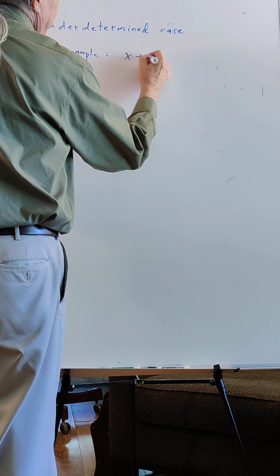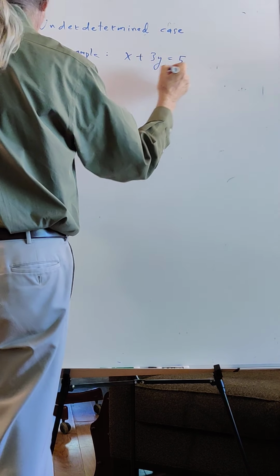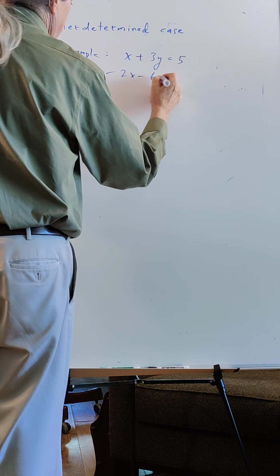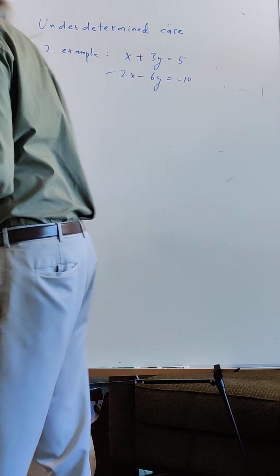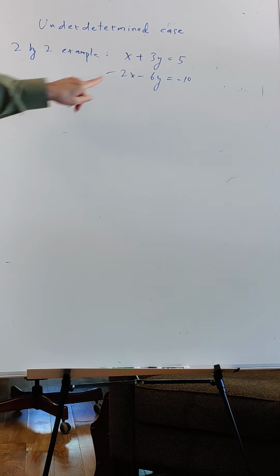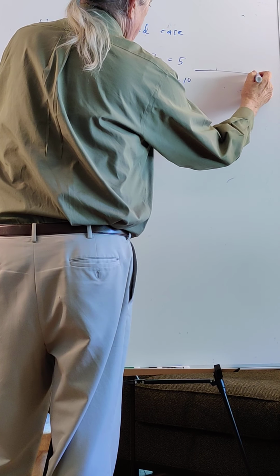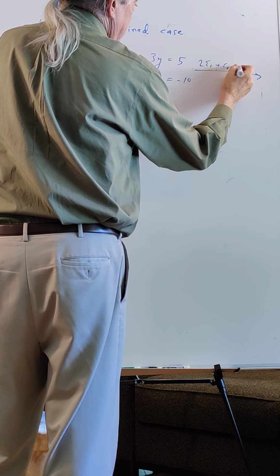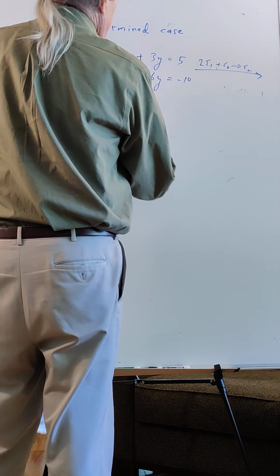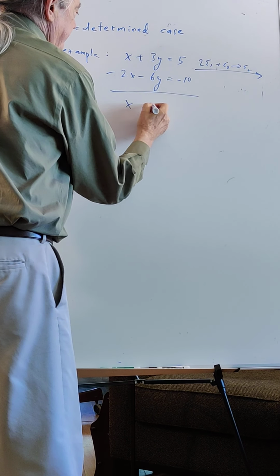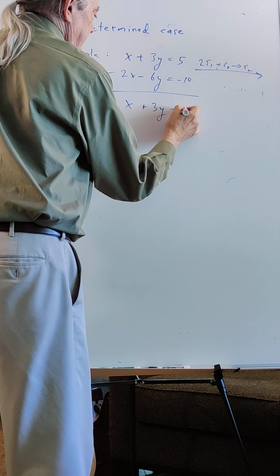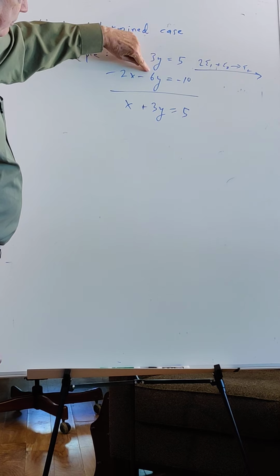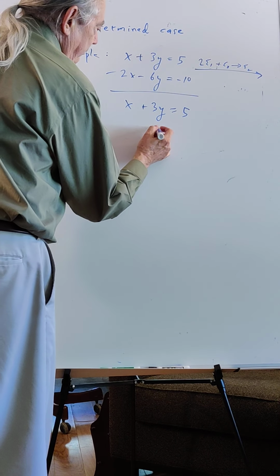X plus 3y is 5, and minus 2x minus 6y is minus 10. Okay, so when we clear this entry, we double this one and add. And when we do that, the whole thing clears. 2x minus 2x is 0, 6y minus 6y is 0, 10 minus 10 is 0. So we get 0 equals 0.